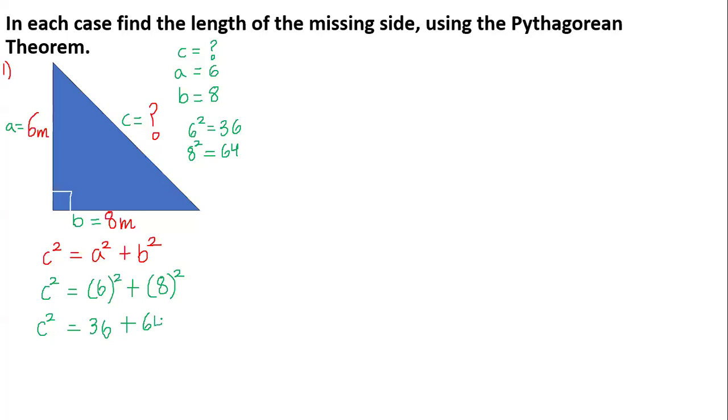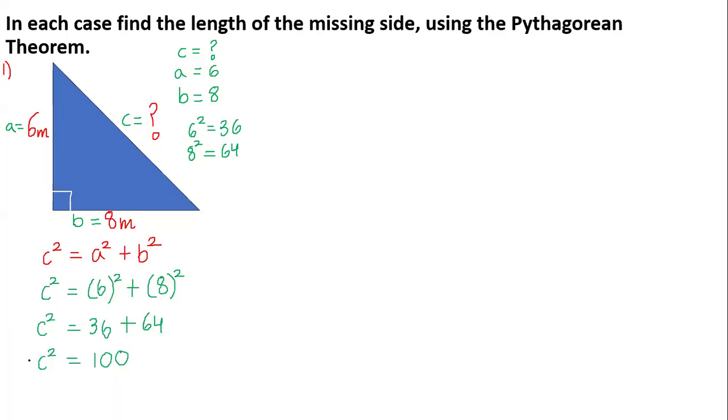All right. And so we have C squared. Now we have to add them, right? What is 36 plus 64? 100. And so we take the square root of both sides.